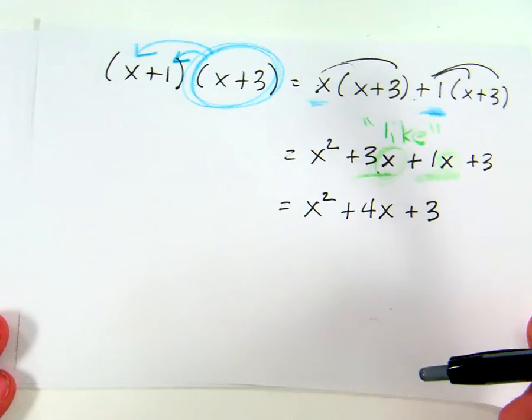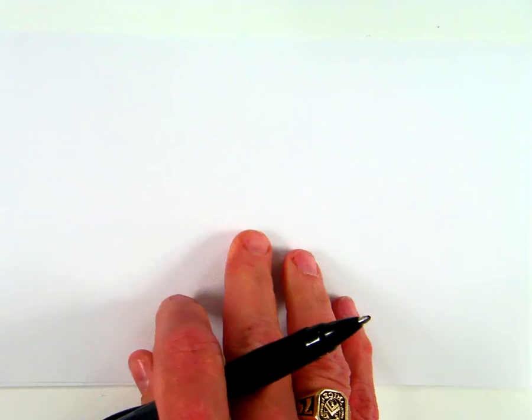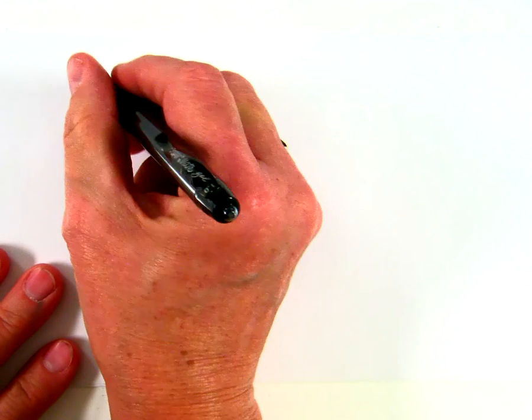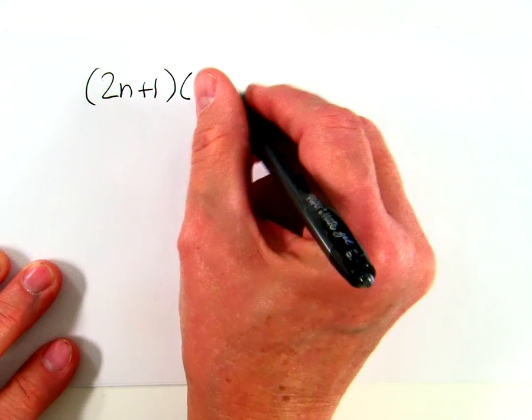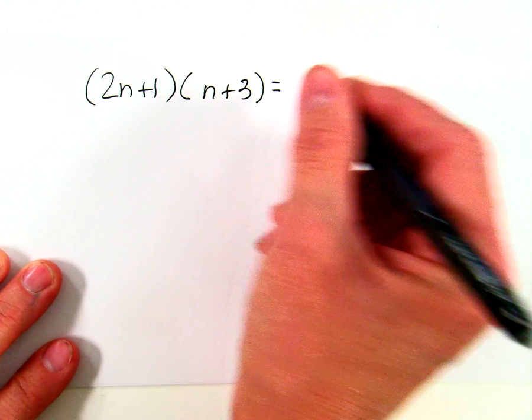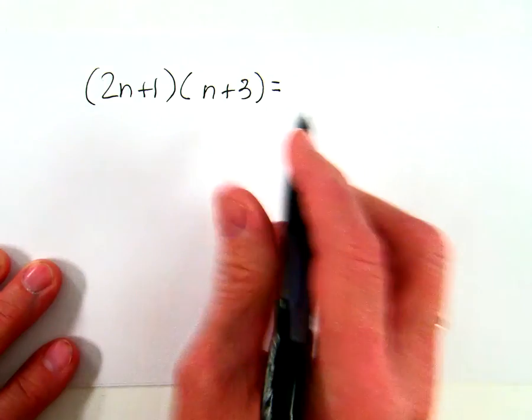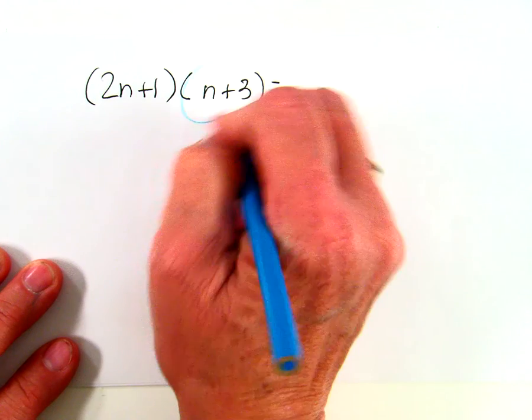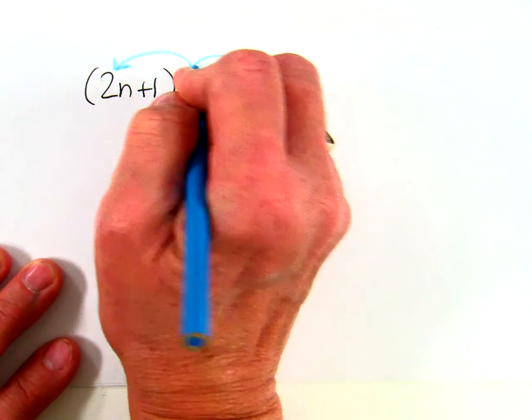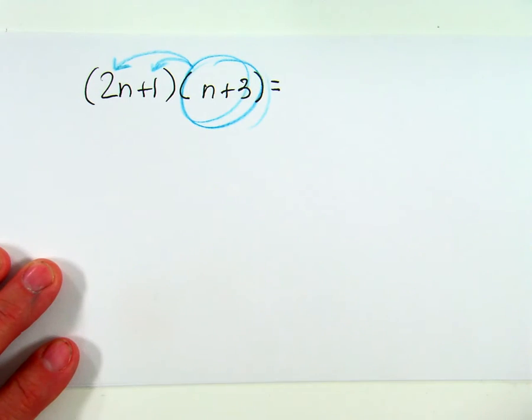Let's do another one. 2n plus 1 times n plus 3. Again, I'm going to do it as this whole group, n plus 3 times 2n and times 1. What will that look like when I'm done?